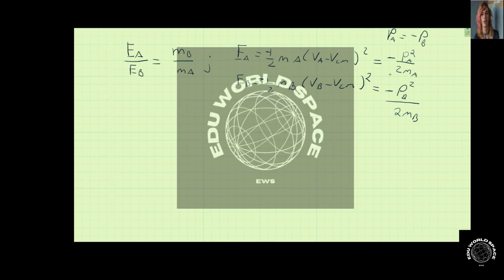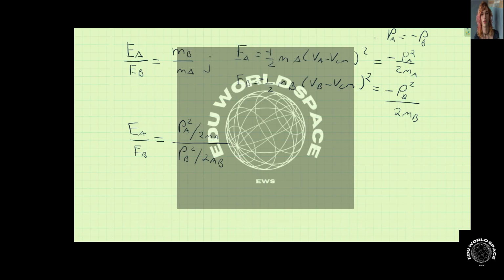This is a little easier to work with than this one here, because of these nasty subtractions. So let's plug these equations into this ratio. We have the ratio of the energy absorbed by car A and the energy absorbed by car B is equal to, the negatives are going to cancel, so I'll just leave those out, PA squared, the momentum car A has before the collision, squared, divided by 2MA, all divided by the momentum car B has, squared, divided by 2MB.